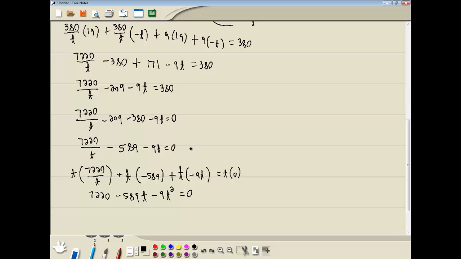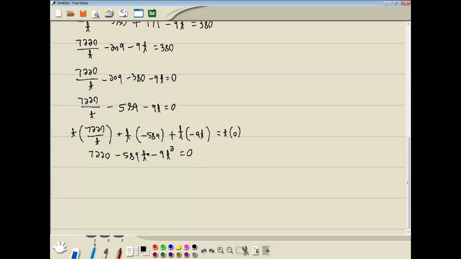Well, this is a quadratic at this point, so I want to get everything on one side, which it is, but I want to get rid of some of these negatives, so I'm going to take them all to the right side. So we're going to have 9t squared plus 589t minus 7,220. Now I'm going to use quadratic formula on this. It's probably going to be the easiest way.